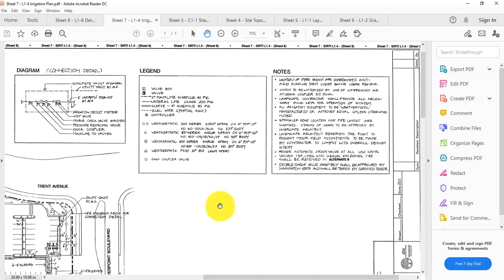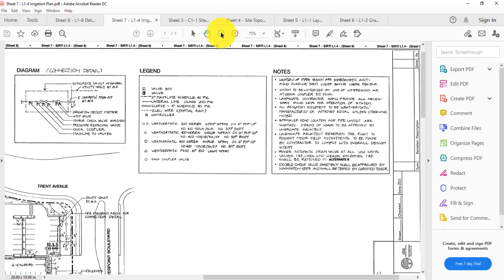Typically on a lot of these sheets you'll see a legend and notes, and in this case there's actually a diagram of the different valve system that's in place. So you might find some of the information here in these notes, but not specifically on the drawing.